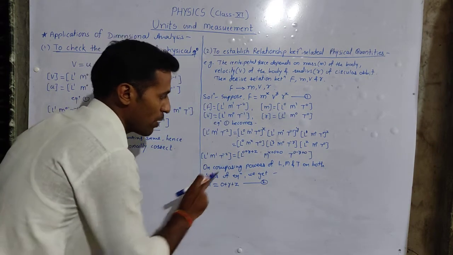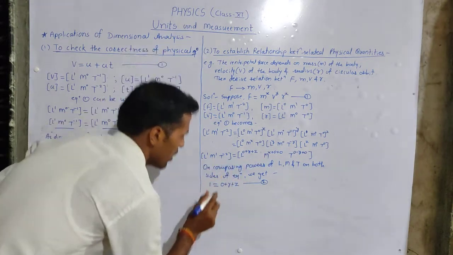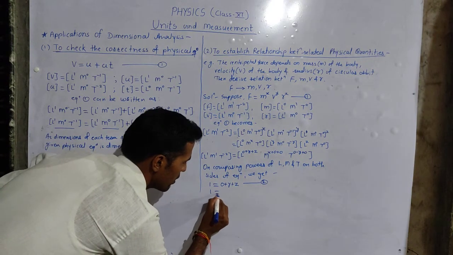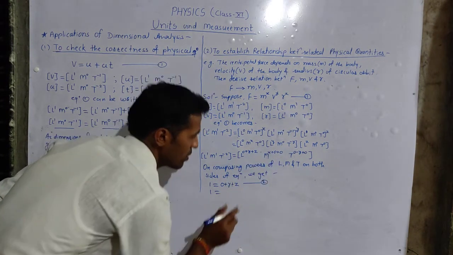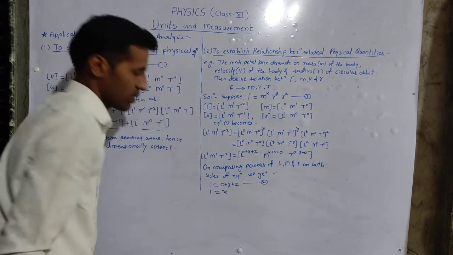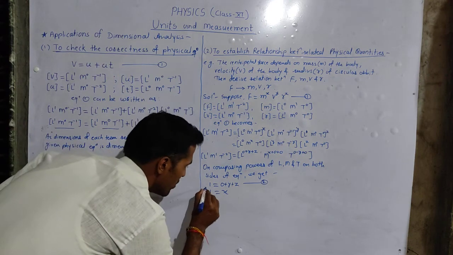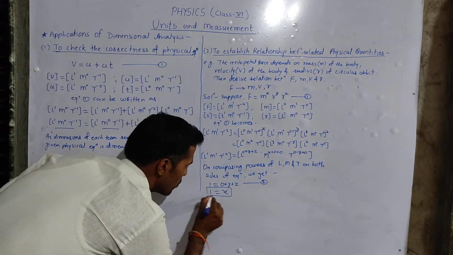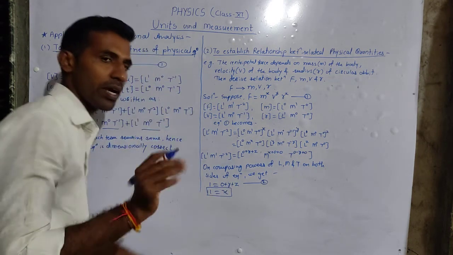Now let's compare power of M. On LHS 1 is there, on RHS X plus 0 plus 0, so it becomes only X. Clear? That means we have X is equal to 1.